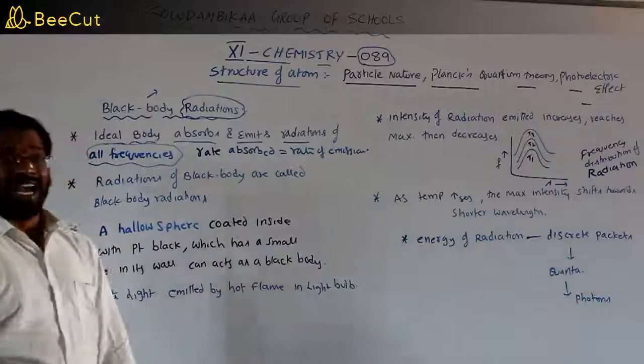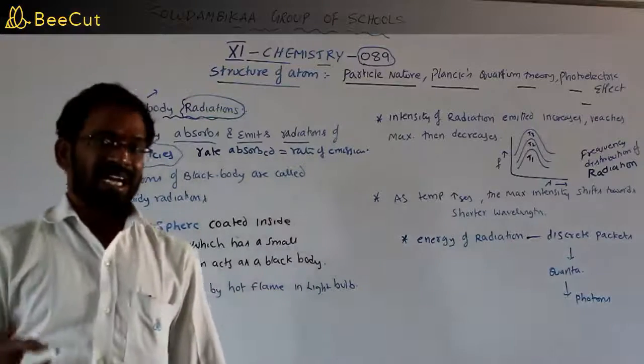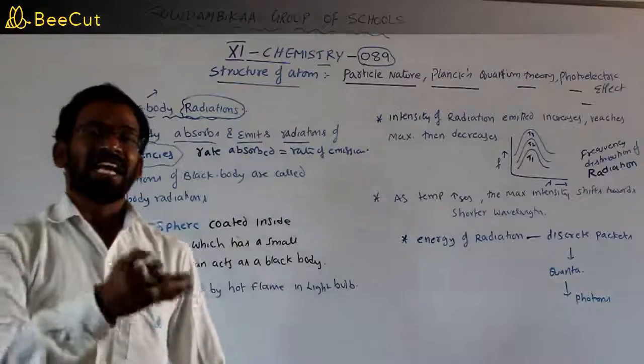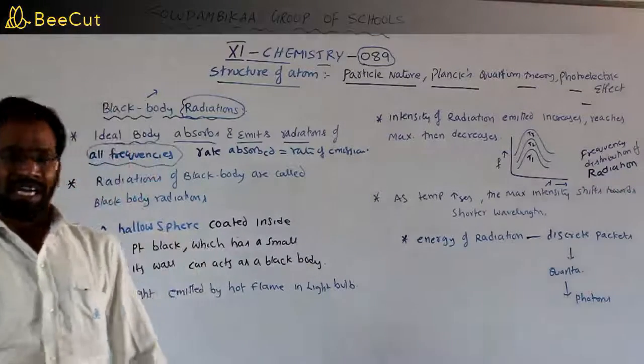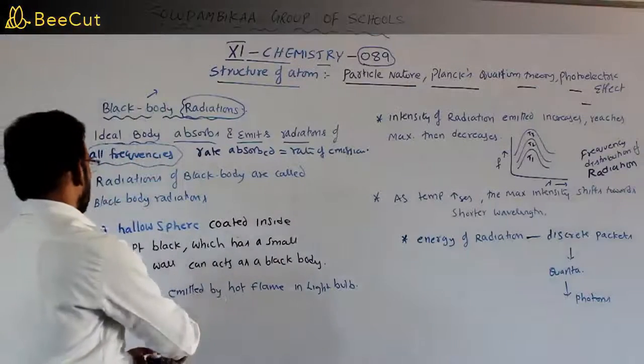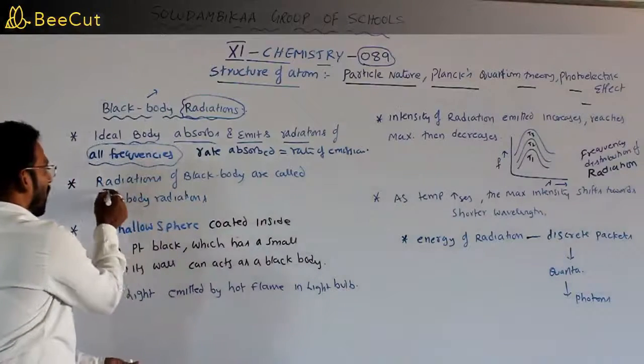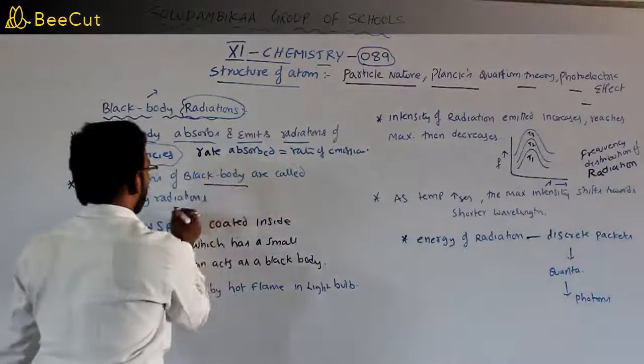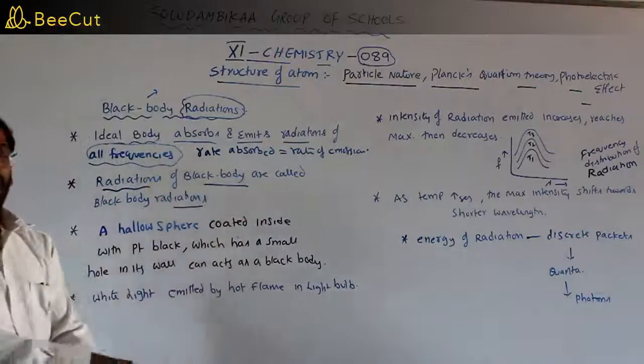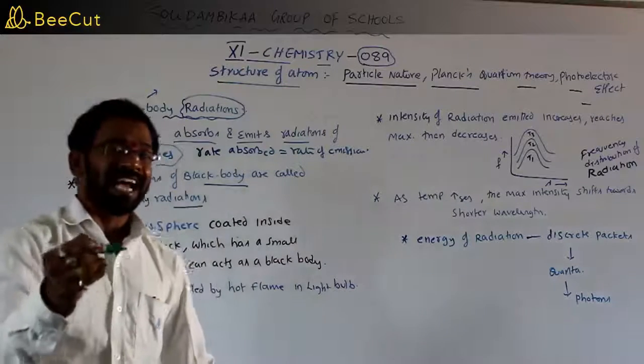There is no ideal black body in the universe, but we can make very near black bodies. The radiations obtained from a black body are called black body radiations. Now, how to get a near-acting black body?